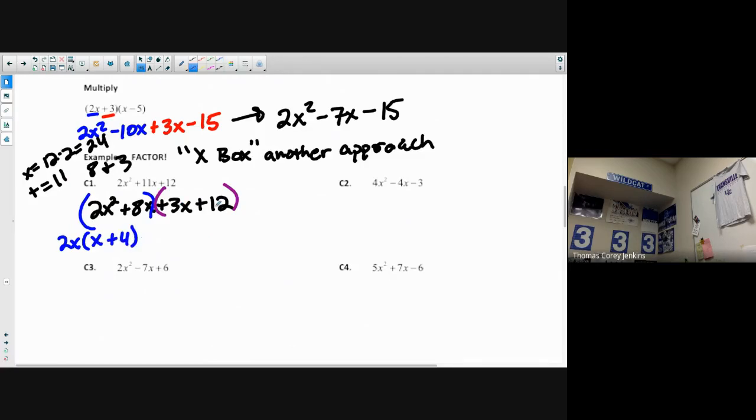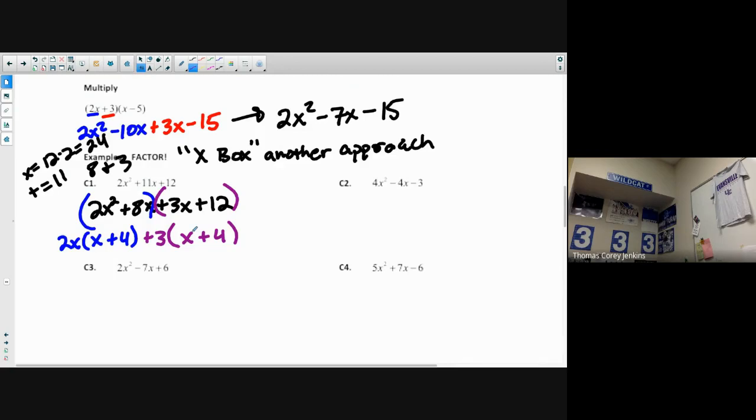And then out of these two, you could factor out a positive 3. And then that would leave you with x plus 4. Okay, now these two have got to match up. If that doesn't match up, you did something wrong.